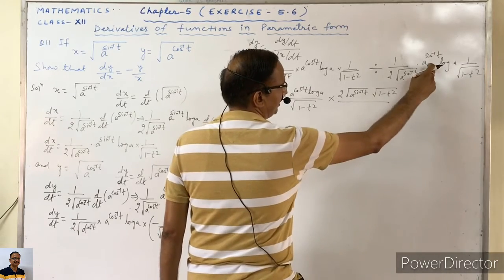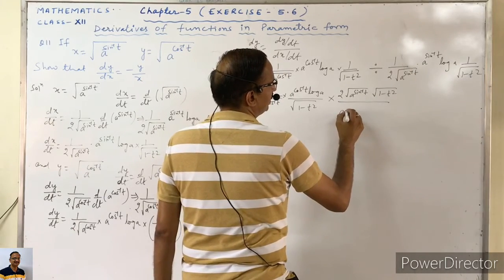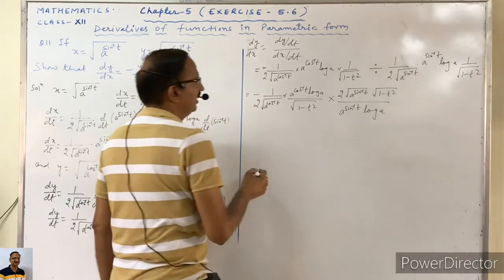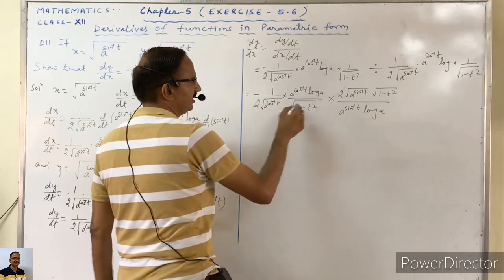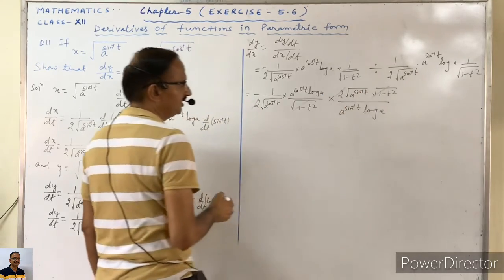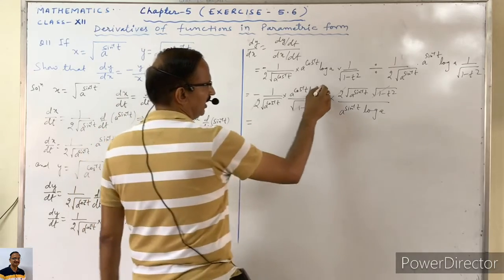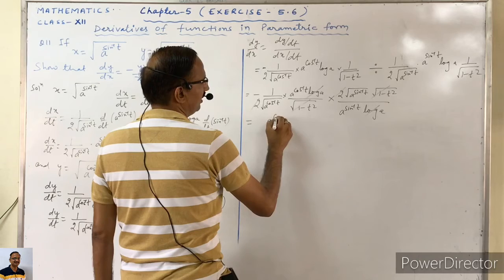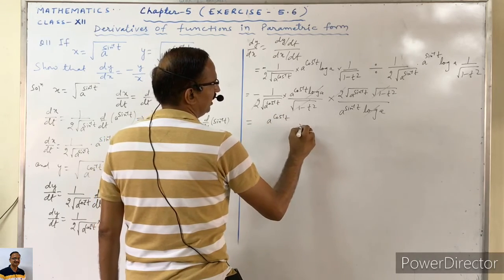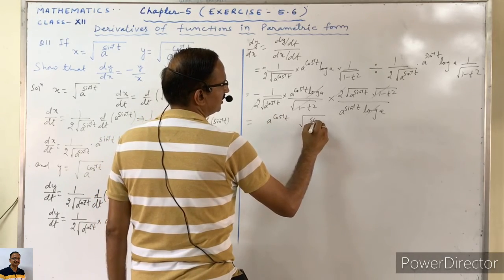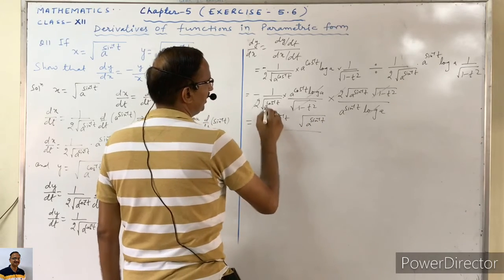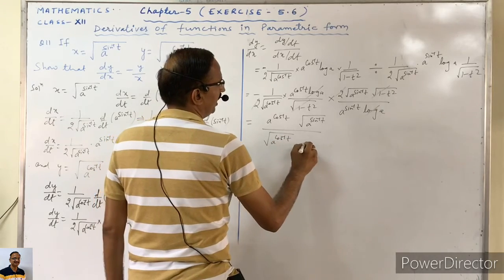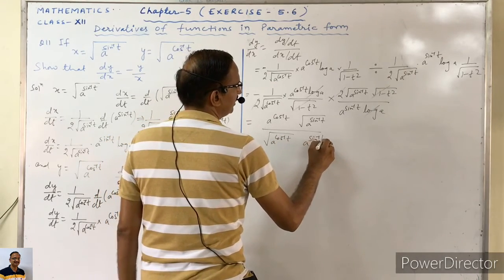In denominator we will write these two terms, that is a raised to power sin inverse t and log a. Now 2 and 2 cancel, these two are also cancelled, log a is also cancelled. Now the remaining terms are a raised to power cos inverse t and root a raised to power sin inverse t in the numerator; in denominator root a raised to power cos inverse t and a raised to power sin inverse t.